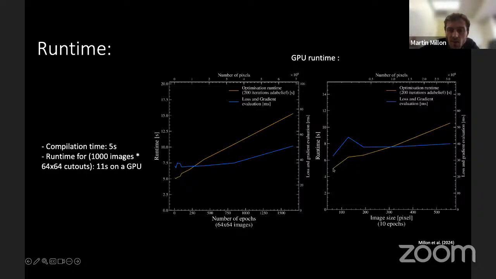Basically, it's still 5 seconds of compilation, and then about 10 seconds to run, even on a big image with 10 epochs. This is because as soon as you have enough memory in your GPU, it's not going to slow down the code to give bigger images. At some point, there is a step when you start to overload the GPU memory, but as soon as you can fit all your data in the memory, it's really fast.